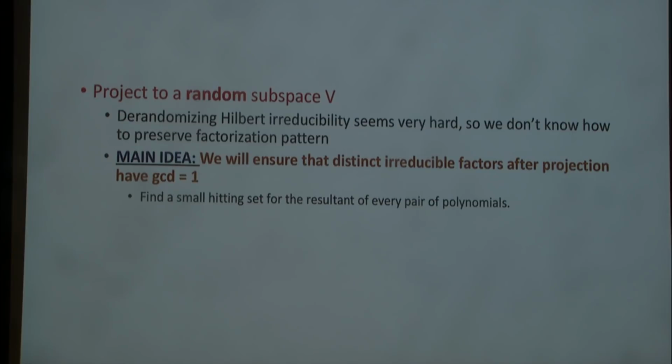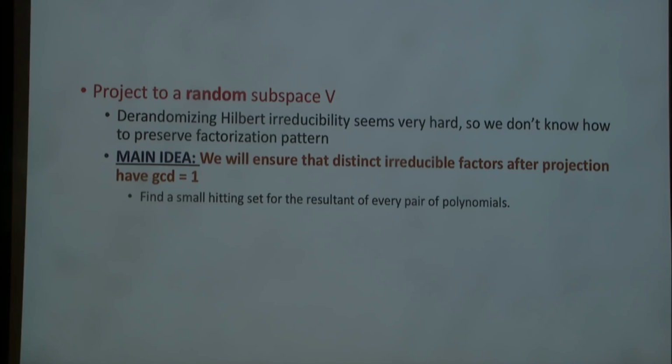And the way we do this is by resultants. If 2 polynomials have GCD 1, their resultant is not 0. So you start with 2 distinct irreducible polynomials. We take the resultant with respect to a certain variable. The resultant will be a non-zero polynomial, and we'll find a hitting set for this resultant. If our original polynomial is sparse with small individual degree, these resultants will look nice. And so by Ben-Or and Tiwari, we can find a small hitting set for the resultant of every pair of polynomials.